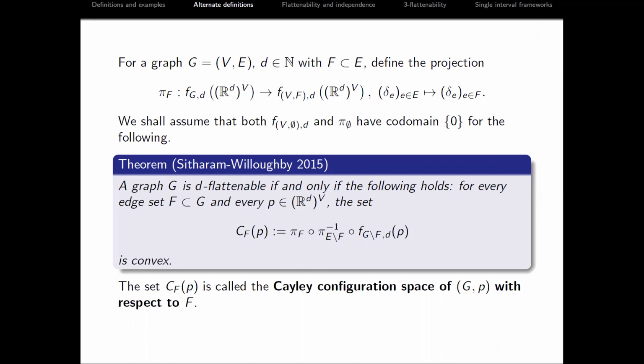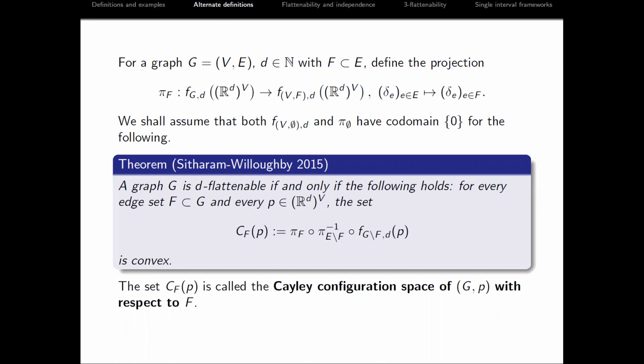If you define the minimum d of a graph G which is d-flattenable, so the minimum d such that this graph is flattenable in d dimensions, is there any connection to the MLT, the maximum likelihood threshold? Oh, so it's related somehow to the MLT. I put that in that manuscript somewhere.